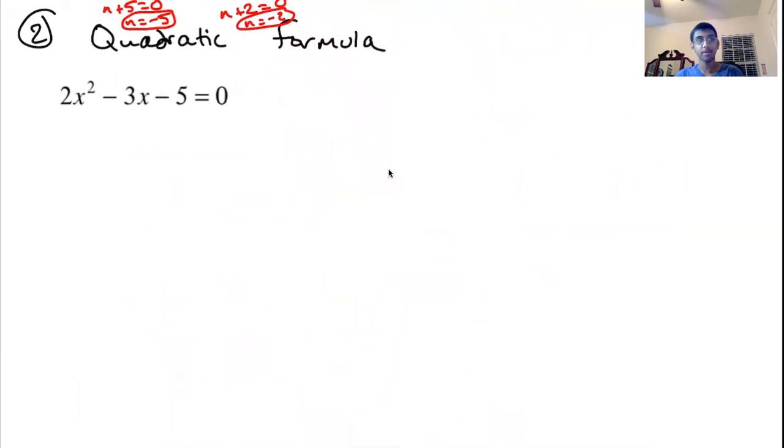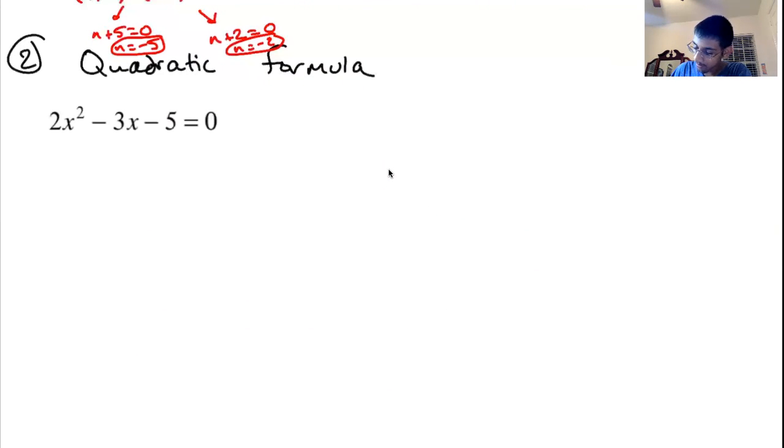So now I'm going to go over the quadratic formula. The quadratic formula is one of my favorite things in math. It is very, very amazing. So don't freak out when you see this formula because it's a very big formula, but there are a lot of videos on YouTube that can help you memorize it. They'll sing it to you in a song and it'll be stuck in your head for the rest of your life.